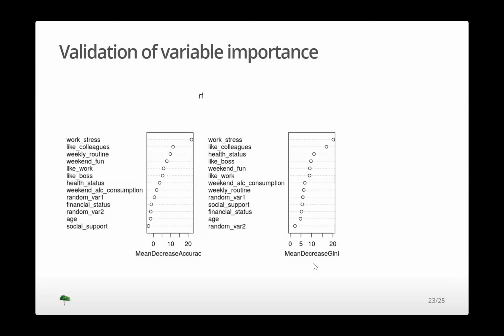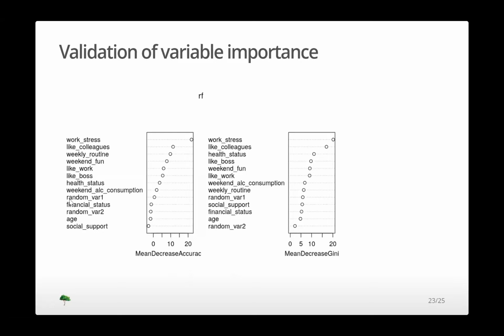Another gotcha that you should pay attention to: you want to get your variable importance and select the top most important variables. How do you know that those are correct? One easy way to validate that what you have is a list you can trust is to include some random variables in your model.